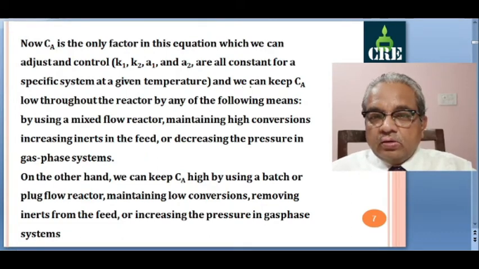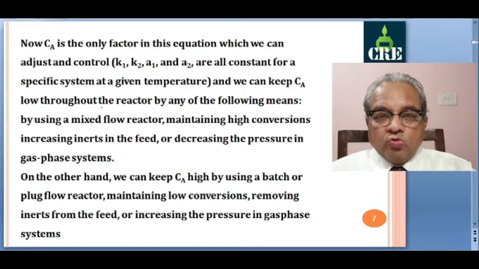And we can keep Ca low throughout the reactor by the following means: either by using a mixed flow reactor, maintaining high conversion, increasing inerts in the feed, or decreasing the pressure in gas systems. On the other hand, we can keep Ca high by using a batch or plug flow reactor, maintaining low conversions, removing the inerts, and increasing the pressure.